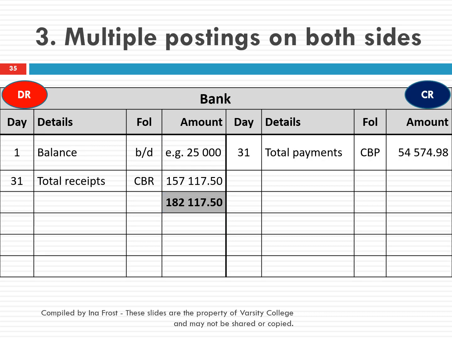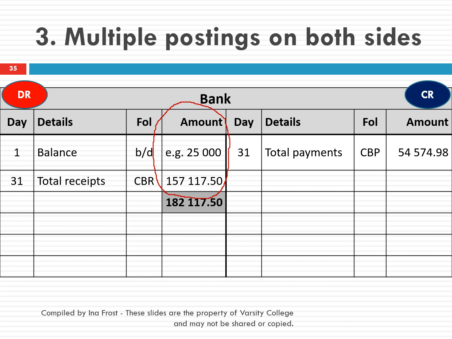Then the last one, this is the more complicated one. This is now where we have entries on both the debit and the credit side of the account, and we now have to balance the account. Well, what we will do is we'll look at the account, we'll see which ones were bigger, the debit or the credit entries. And in this particular example, the debit side is the bigger of the two.